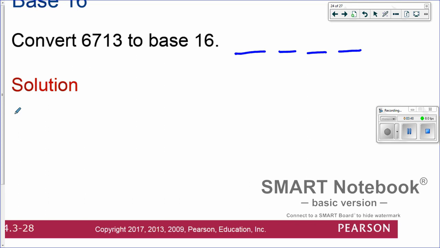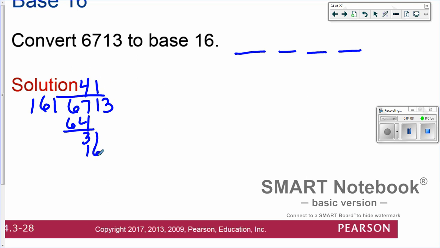So let me grab my answer here. Okay, so I divided 16 into 6,713. Okay, so 16 went into 67 4 times. That's 64. Now I'm really doing long division here. So 16 into 31 goes 1 time. So that's 16. And then when you subtract, you get 15.